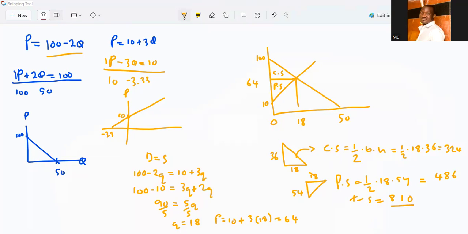So there are government interventions that usually come in place. There's what we call price ceiling and floor price. So that is a natural setting when we want to have an equilibrium.